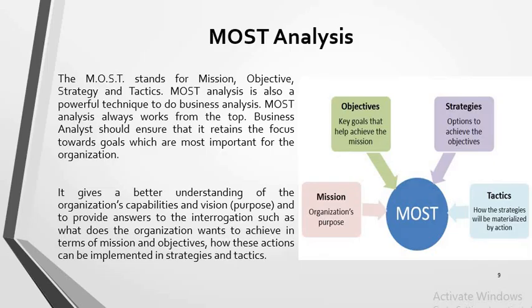You must need to find your purpose. Then, to pursue your purpose, to pursue your mission, you make objectives. So objectives are the key goals, and short-term, medium-term, long-term goals that you want to make to achieve your mission.